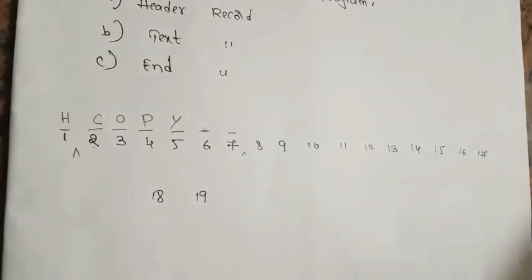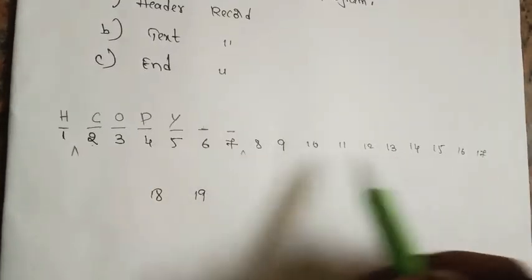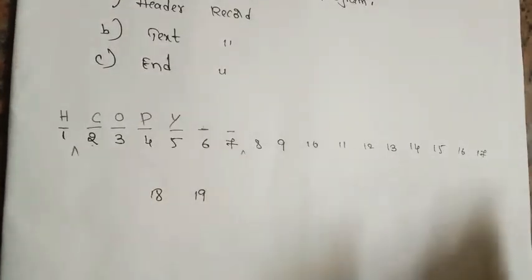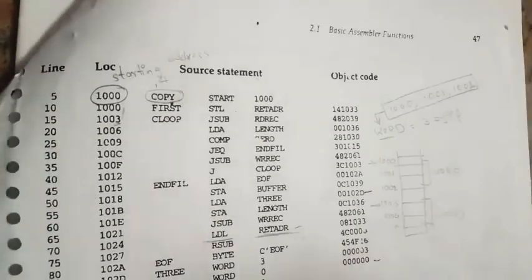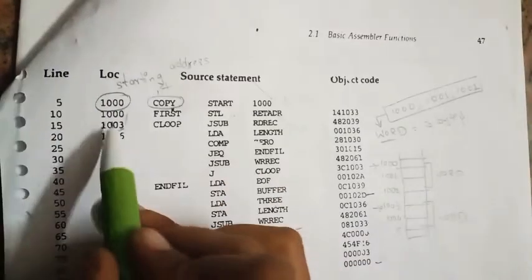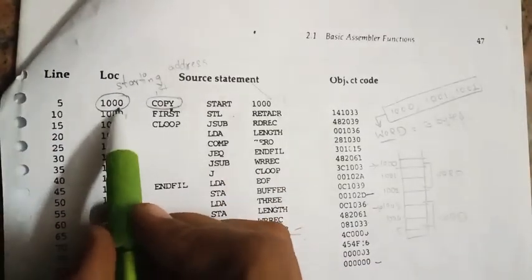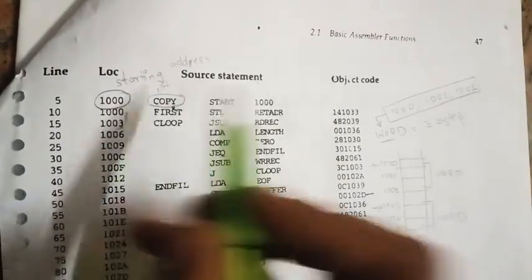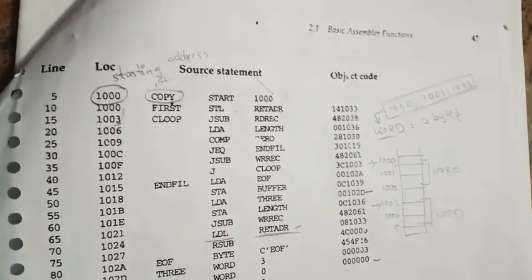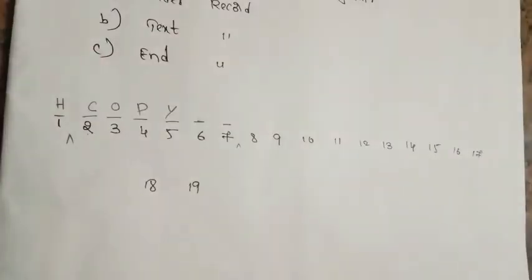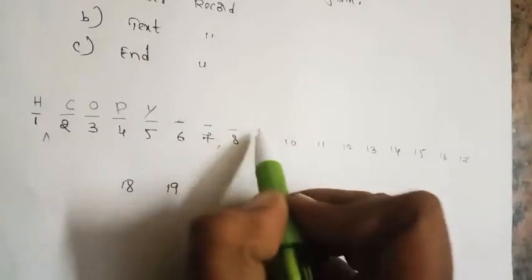Now we are going to write columns 8 to 13 as the starting address of the object code. See guys, what is the starting address? Again, see, this is the location, and 1000 is the starting address. So we need to fill all 6 columns.